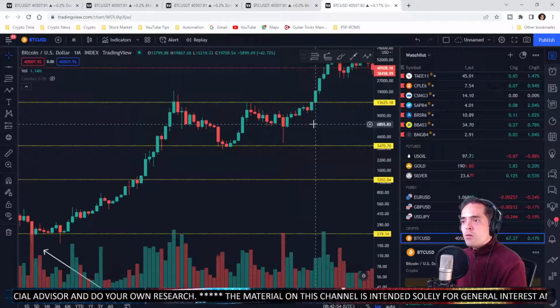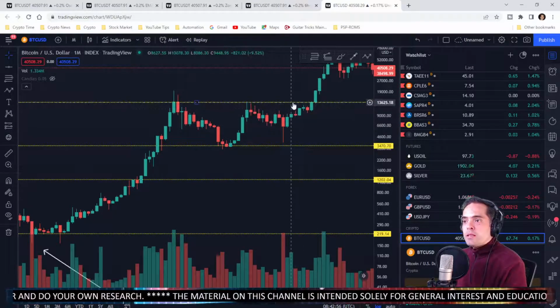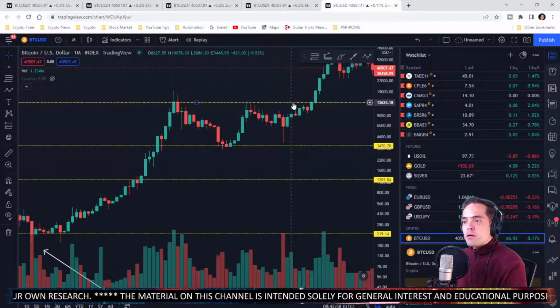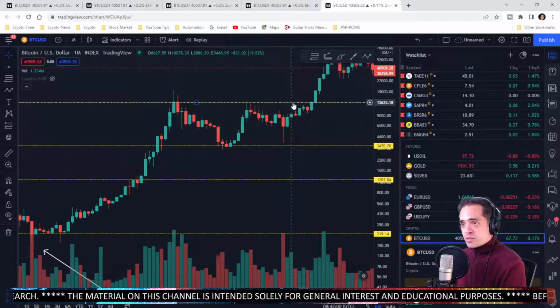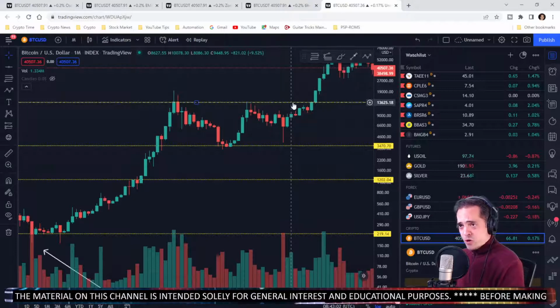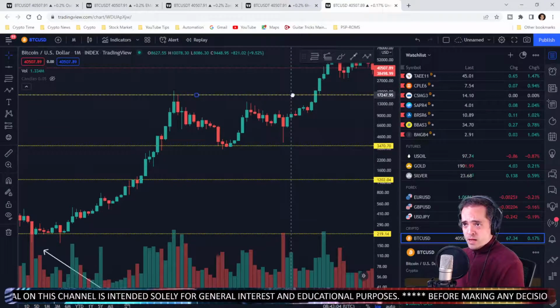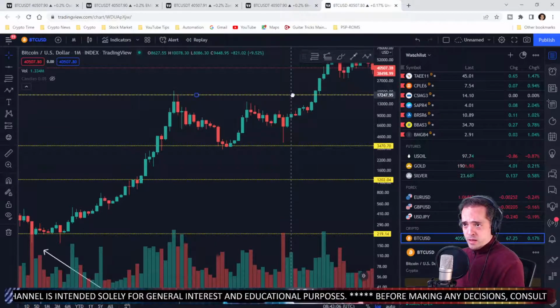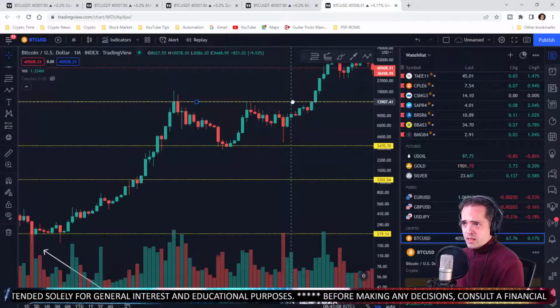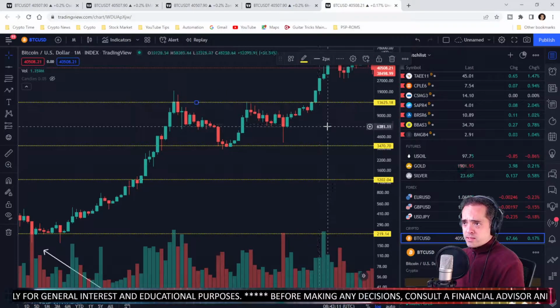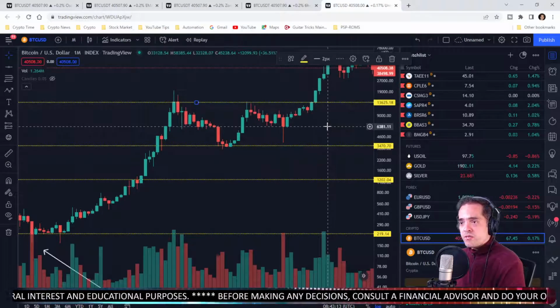So this is a better representation of this resistance. This resistance is stronger than if I move up this yellow line. This is a very basic concept, but it's very important to identify.